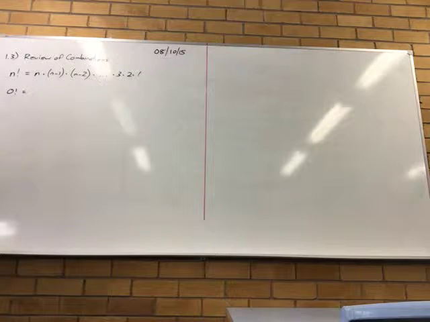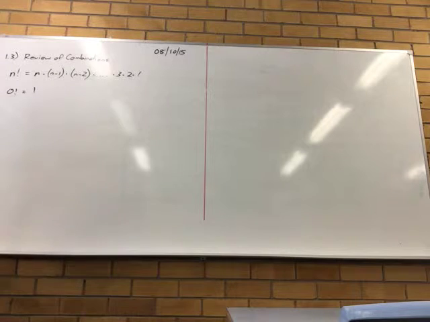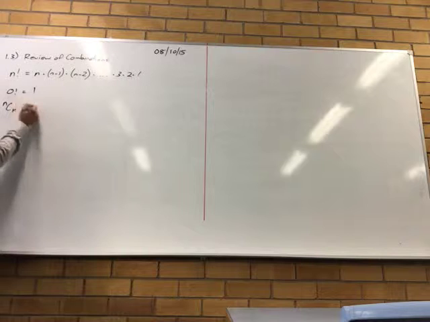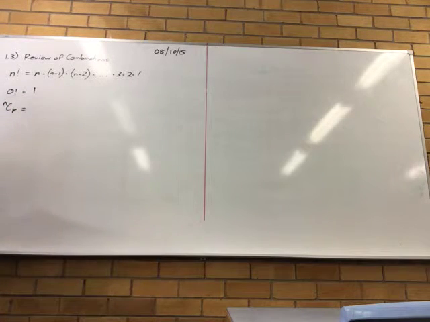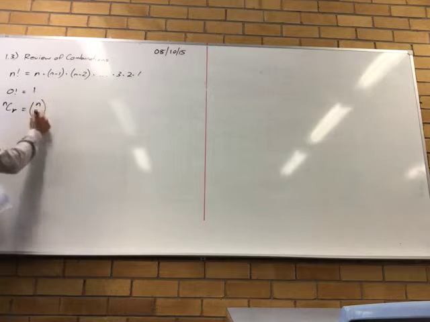Alright, 0 factorial is? 1. Okay, and I'll prove that in your lesson last term, last prelim course. Alright, nCr. So we're reviewing your combination stuff. Remember the other notation for that.